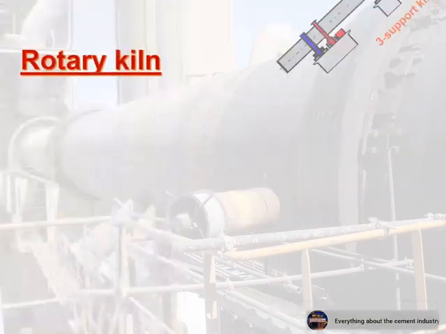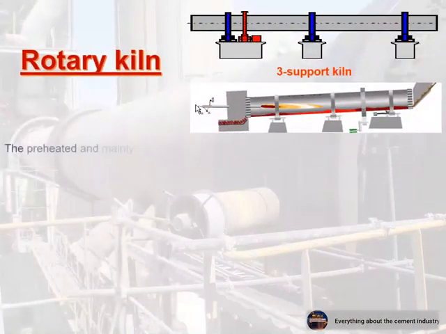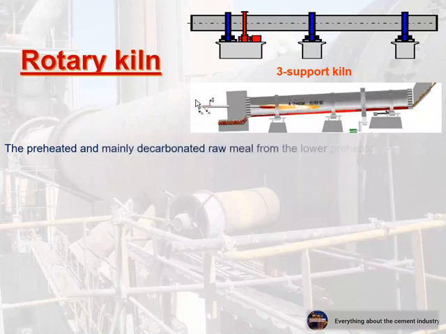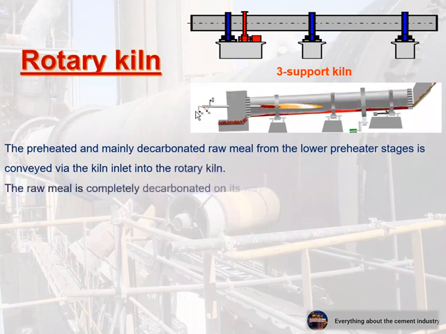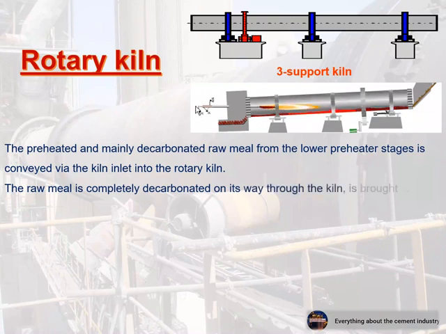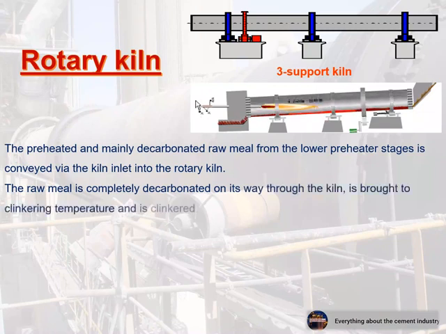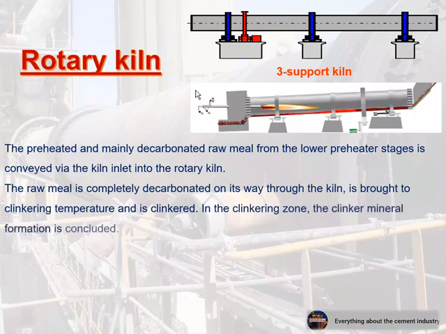Rotary kiln. The preheated and mainly decarbonated raw meal from the lower preheater stages is conveyed via the kiln inlet into the rotary kiln. The raw meal is completely decarbonated on its way through the kiln, is brought to clinkering temperature and is clinkered. In the clinkering zone, the clinker mineral formation is concluded.